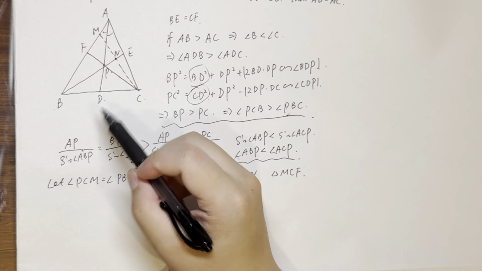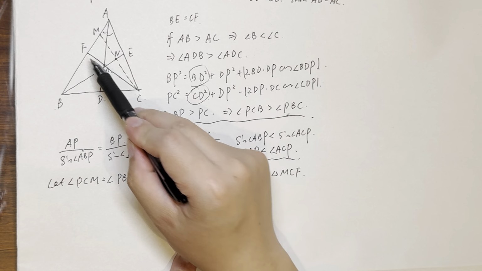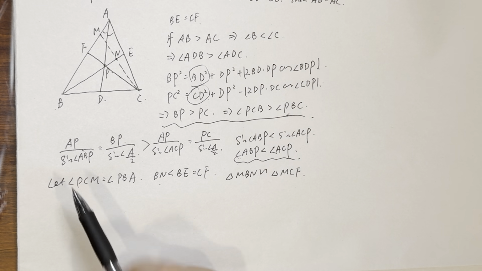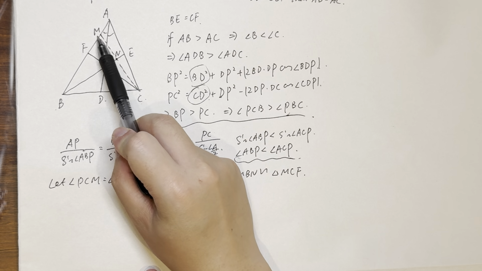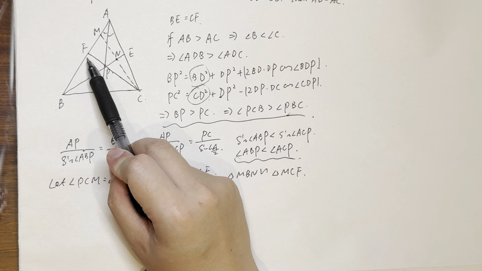And because we already set angle MBP equal to angle MCF, we know that these two triangles are similar, and BN is less than CF.